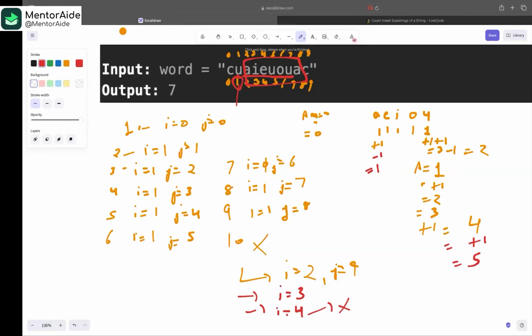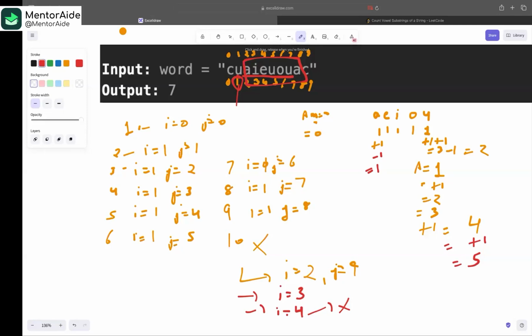If I ask you how to solve this with the brute force approach, how will you solve it? We'll generate all substrings and see how many of them contain all vowels. Correct.